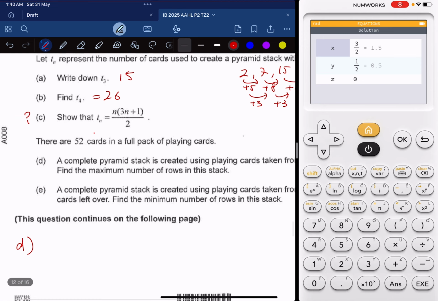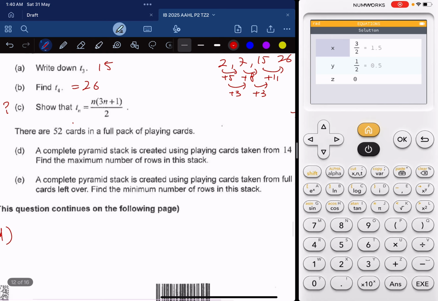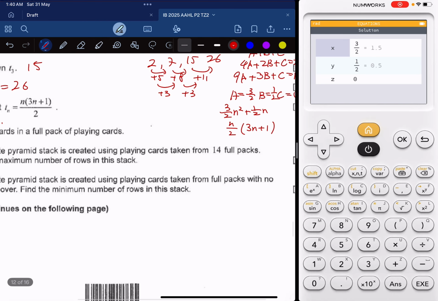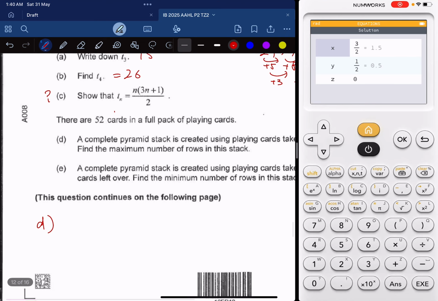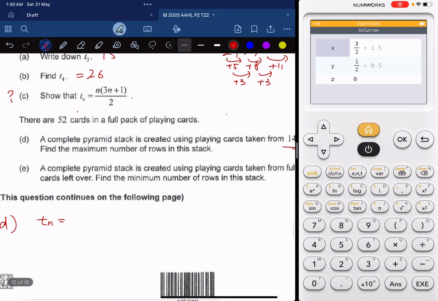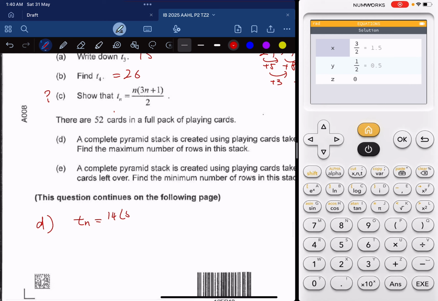There are 52 cards like playing cards. A complete pyramid stack is taken from 14 full packs. Find the maximum number of rows, right? So I think what we do is just put Tn equals 14 times 52. So it'll be n times 3n plus 1 over 2. Okay, use GC here.